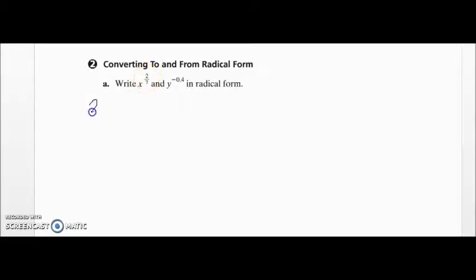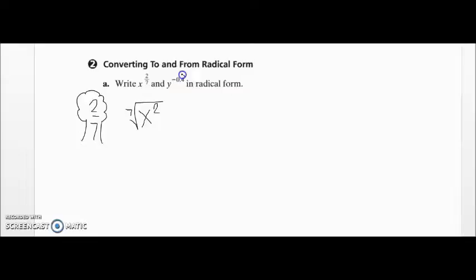Remember, this 2 over 7, if we think of our tree, here's the roots, and here's the power. So this is x to the second power and the 7th root. That's how we would write it. This is in rational exponent form. This is in radical form. There's our radical, the 7th root.